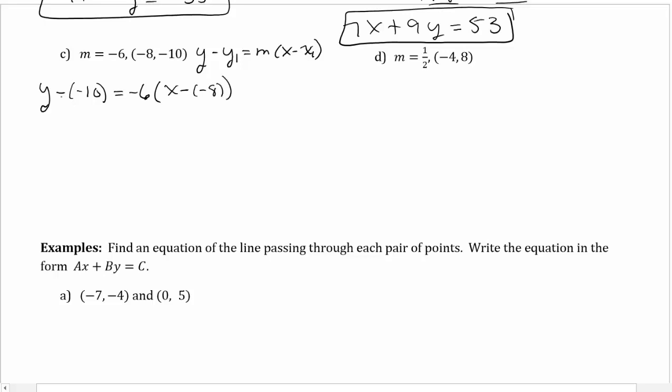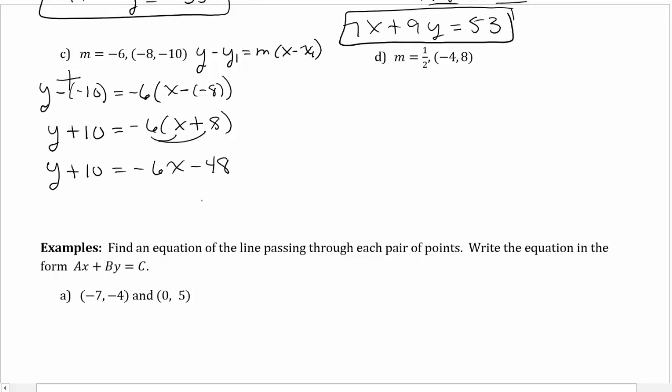So y minus a negative 10, remember this is plus, so that would be y plus 10. Same thing happens here. This is negative 6 times the quantity x minus a negative 8, which is the same as plus 8. Now we want to distribute our negative 6. So we'll have y plus 10 equals negative 6x minus 48.